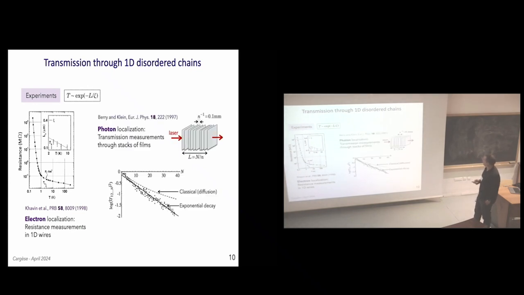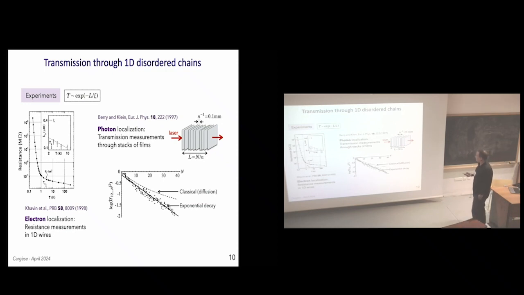The second example is a famous experiment by Berry and Klein in optics, where they could actually measure localization of photons transmitted through a stack of nearly transparent plastic films. This is a direct realization of this Fabry-Perot, this disordered model.